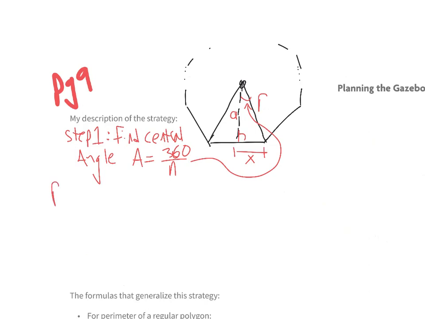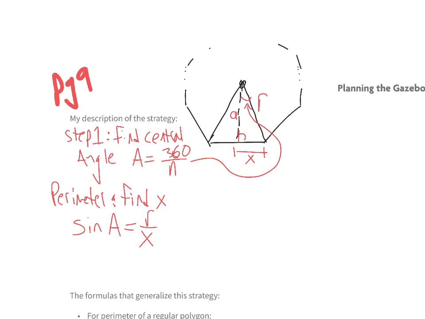So for the perimeter, we need to find x. And to do that, we're going to use, in most cases, it might change, it depends on what we know, the sine of the angle is r over x.